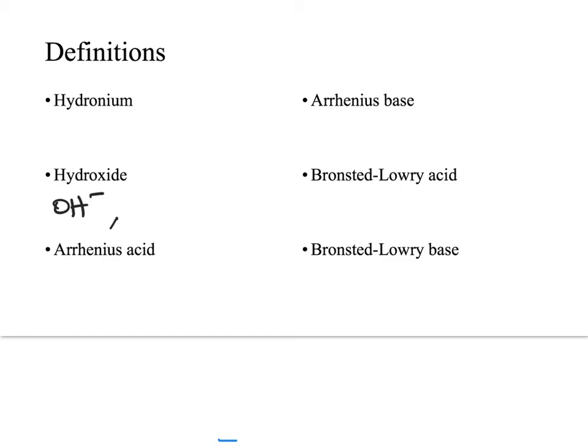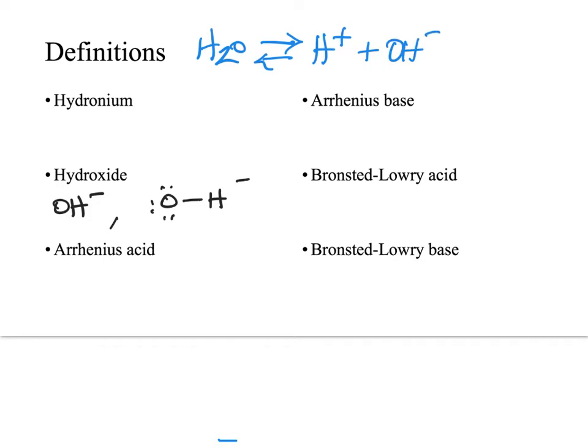The Lewis structure of this particular ion would look like that, with the oxygen having the lone pair. Typically, when water breaks down into its component ions, we would get H+ plus OH-. So these two things are made from the dissociation of water.